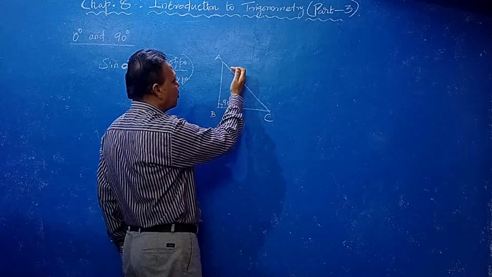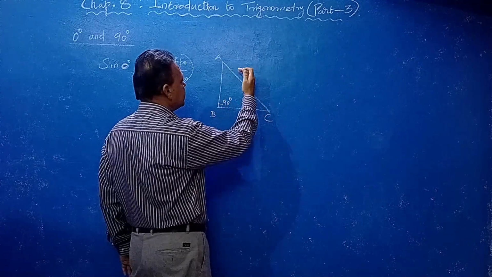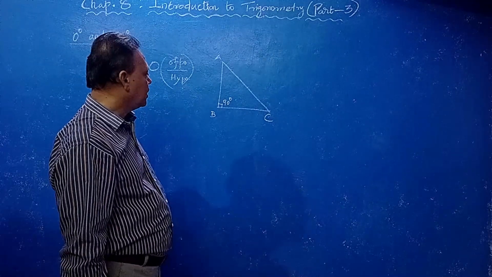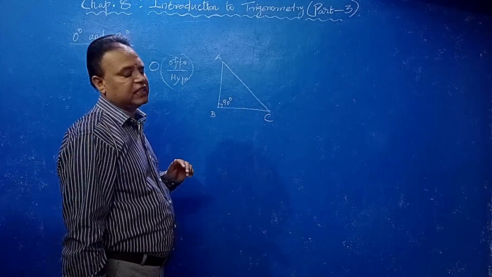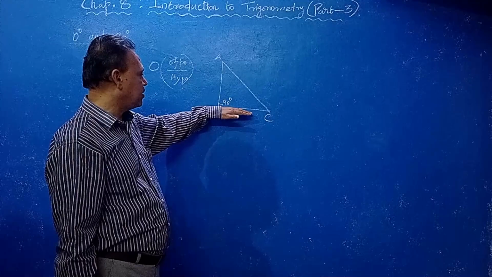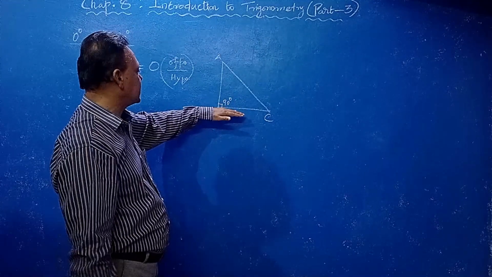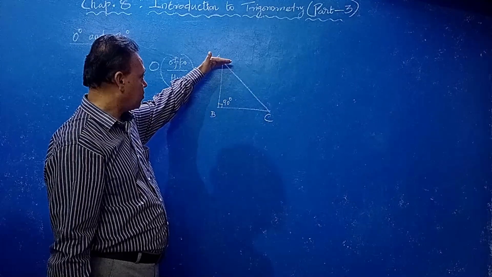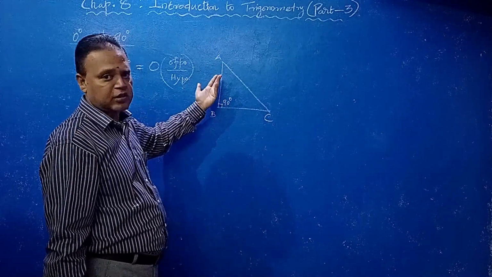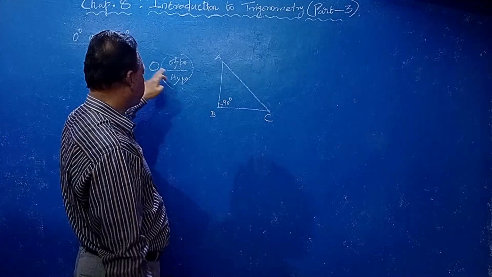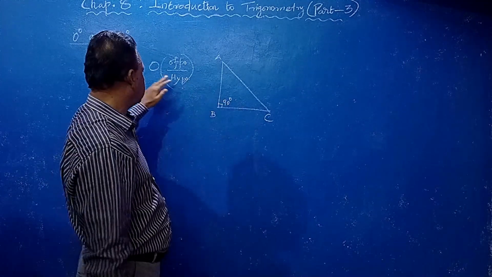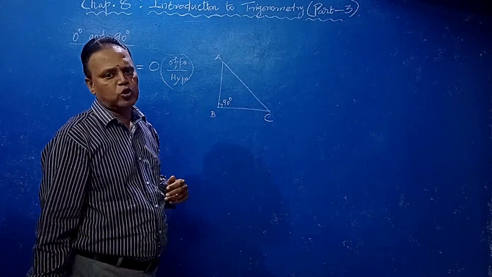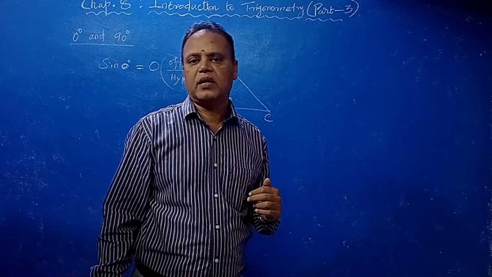AC and BC will coincide, so that only it will be 0 degree. So for 0 degree, the opposite side is 0. Nothing is there, it coincides, no perpendicular side. So 0. Then the base is BC, and 0 by anything is 0. Understand?